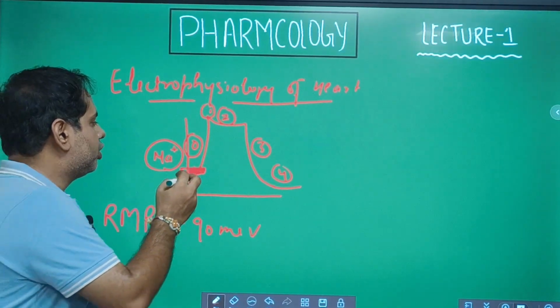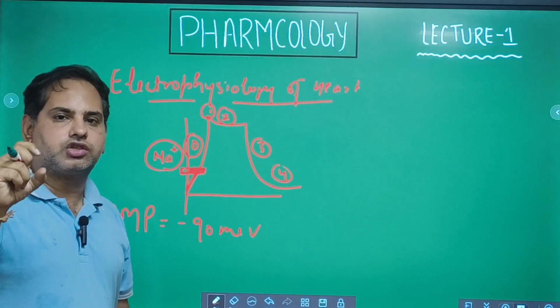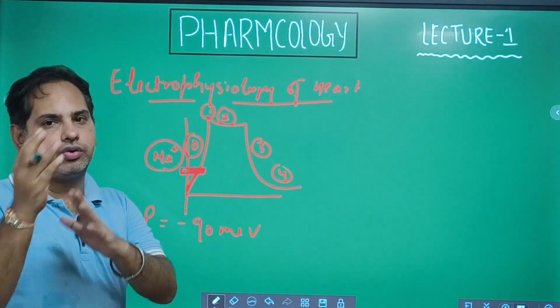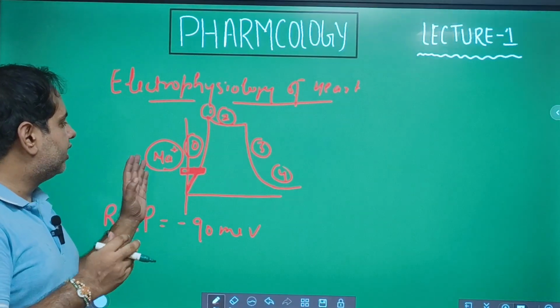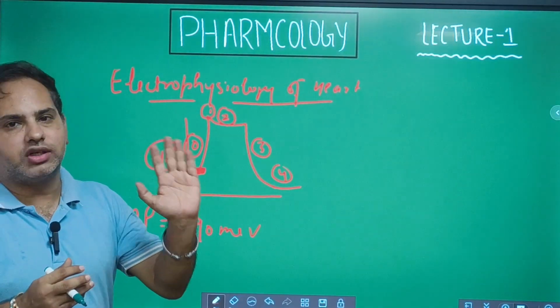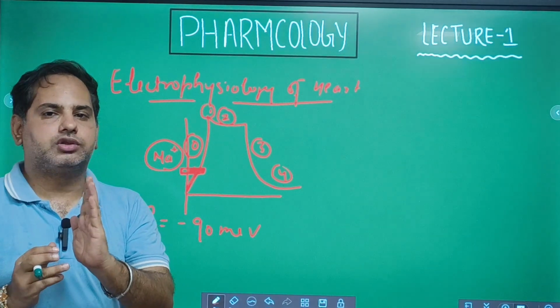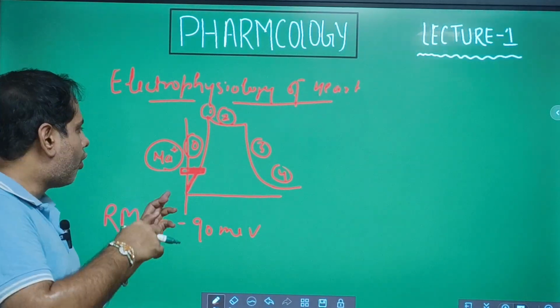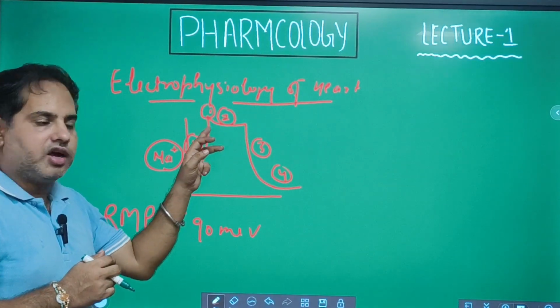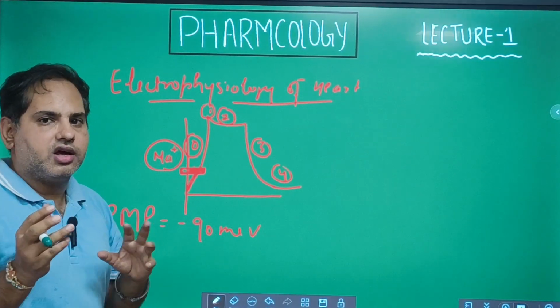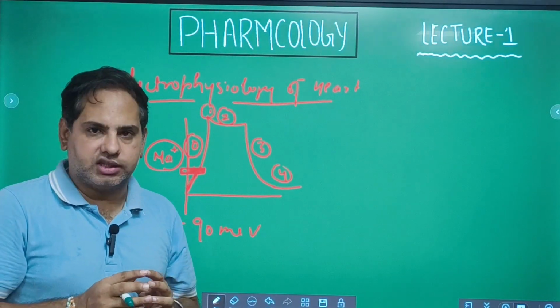Due to opening of these channels, there is more influx of positive ions from extracellular fluid to intracellular fluid. Your action potential goes towards the positive side, becoming less negative and ultimately positive. That process we call depolarization.